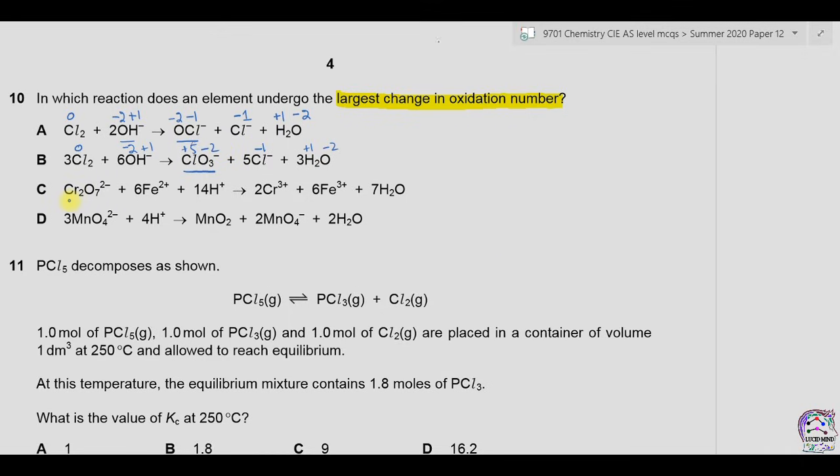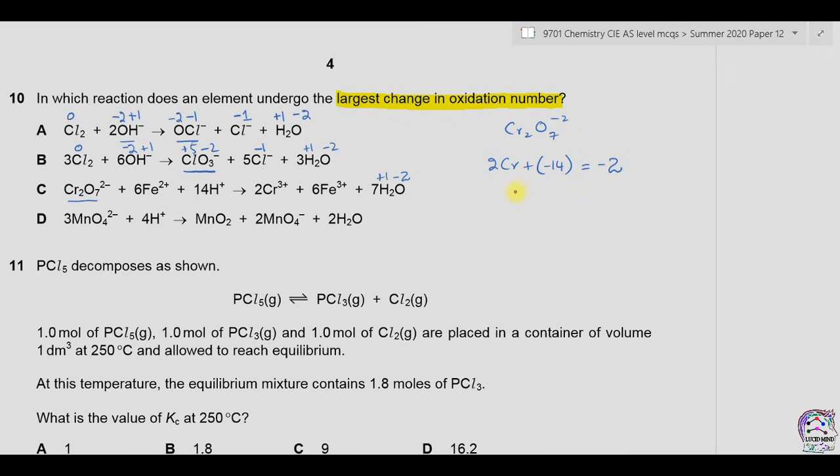For C, we have Cr2O7 2-. The oxidation state of iron is +2. For H it is +1. For chromium it is +3. For iron it is +3. For water it is +1 and -2. Now let's find out the oxidation state of Cr2O7 2-. So there are 2 chromium atoms, 7 oxygen. For 7 oxygen, the total oxidation state is -14.